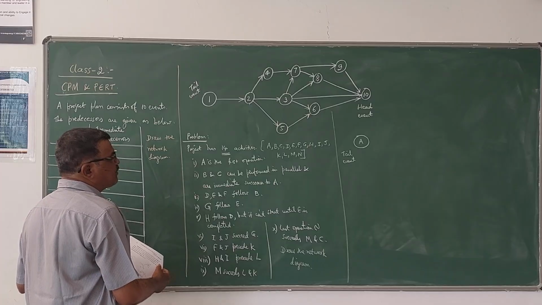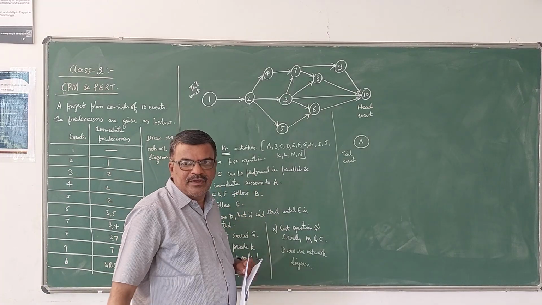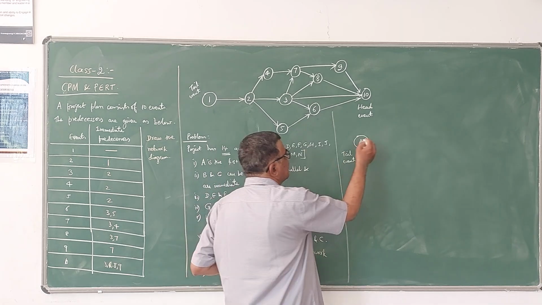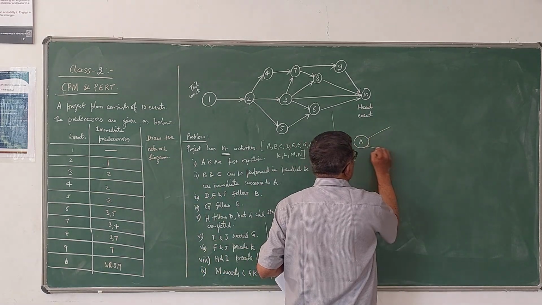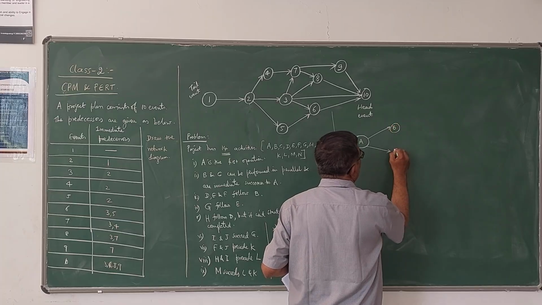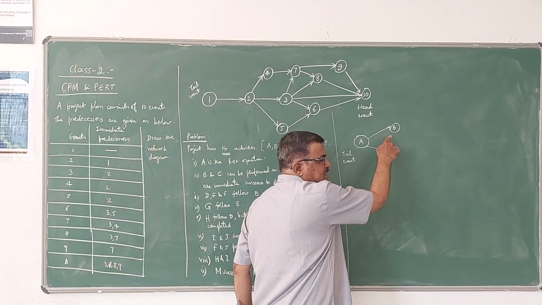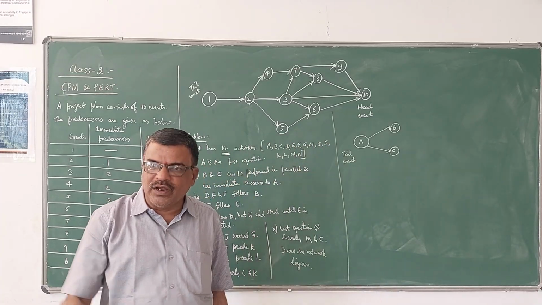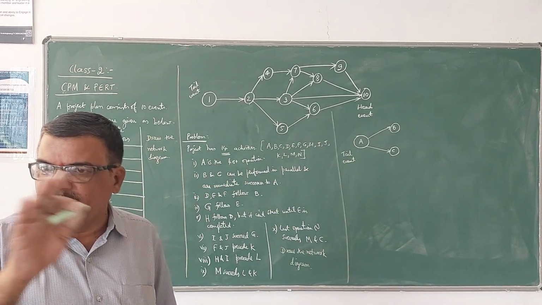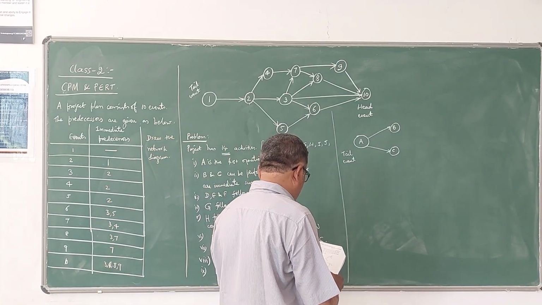B and C can be performed in parallel and are immediate successors to A. Immediate successor to A means B and C will be connected immediately to A. This is the predecessor, this is the successor. Only after A is completed can you go to B and C, but they can be done in parallel.